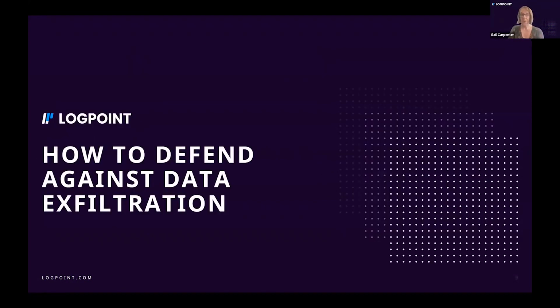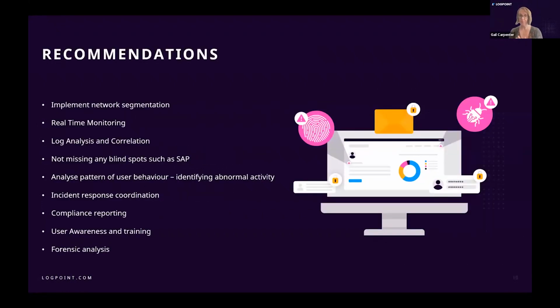So we talked a bit about data exfiltration, what it is, how it happens. So what are some of the recommendations? I'm not going to go through all of these because Niels will be talking about some of these in a moment, but just to highlight a couple of recommendations around data exfiltration and how it can be prevented. From an internal perspective, one of the things that is recommended to organizations is network segmentation.